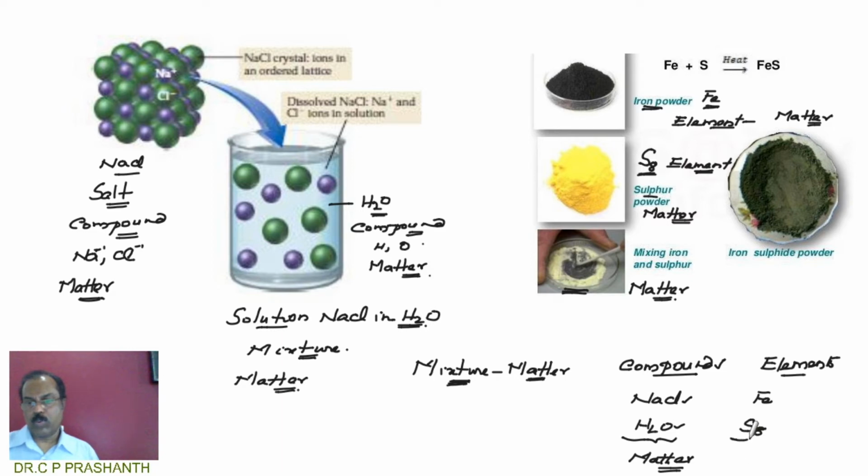They also come under matter. So what do we call these two together? Compounds and elements together. We call them pure substances. Pure substances.